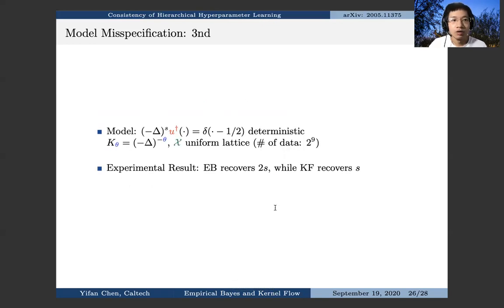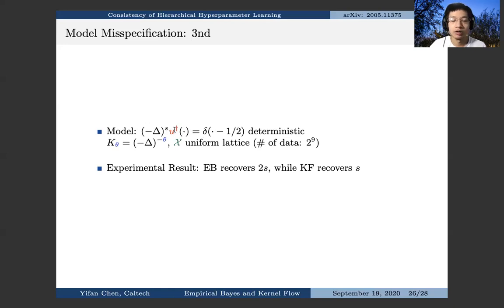Our final example for model misspecification is a different one. Here, the model misspecification is coming from the deterministic model. Remember before, we always assumed U dagger is drawn from some Gaussian process. But for this example, we assume it's not drawn from a distribution, but it's a solution to a deterministic PDE. Still, we are doing the one-dimensional case. The right-hand side is a Dirac function.